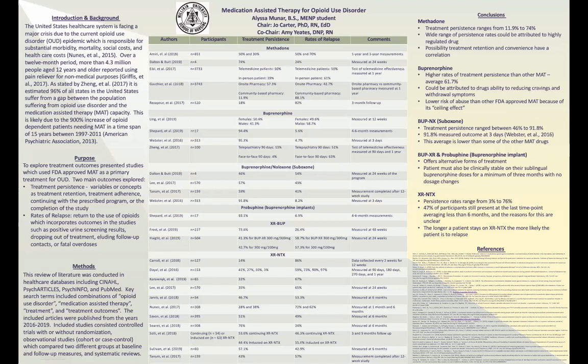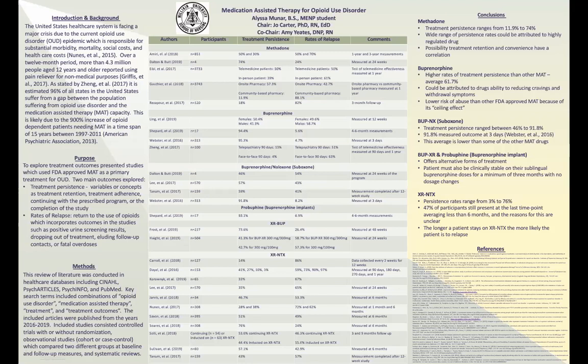Conclusions for methadone included treatment persistence rates ranging from about 11.9% to 74%. And there were 2 studies that assessed methadone treatment retention in alternative sites, which included telemedicine and on-site pharmacy. The treatment persistence rate measured for the on-site pharmacy was about 11.9% versus a community-based pharmacy, which was about 57.3% after 1 year.